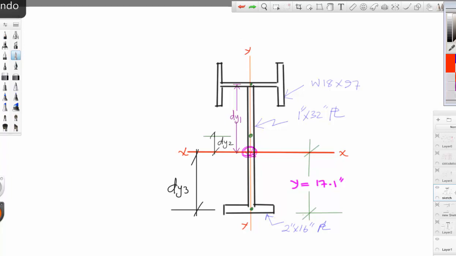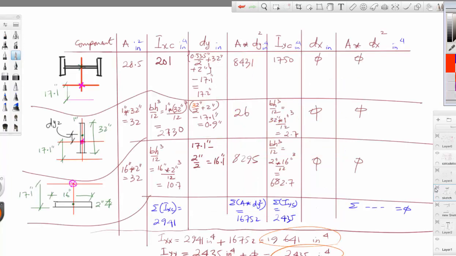So if we go back to the calculation, you see we have b, which is 16, and h is 2 inches, and h cubed of course divided by 12.